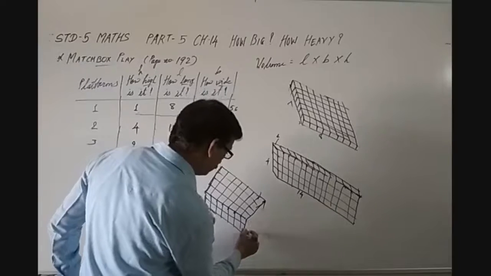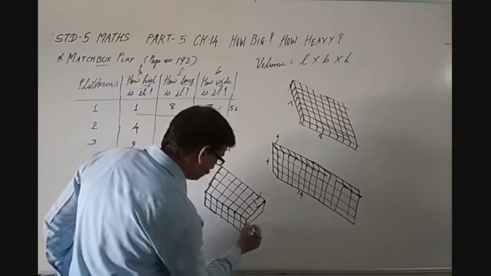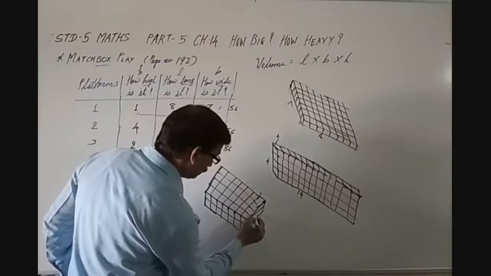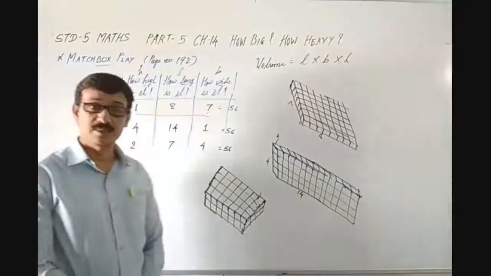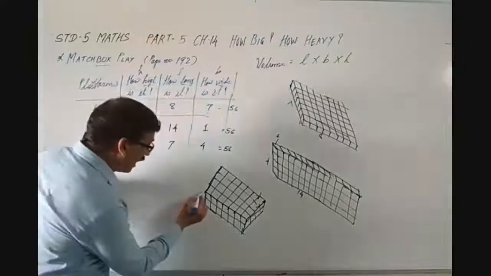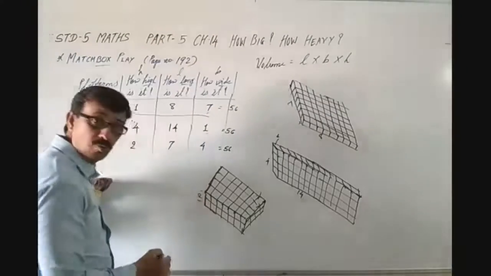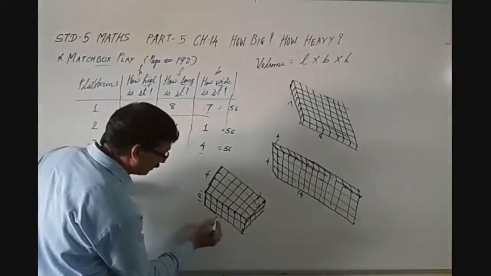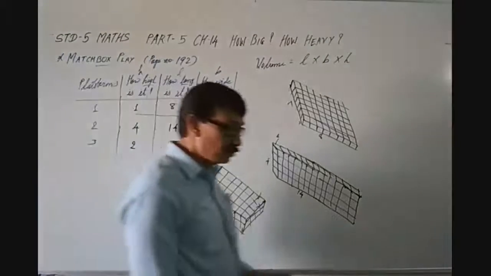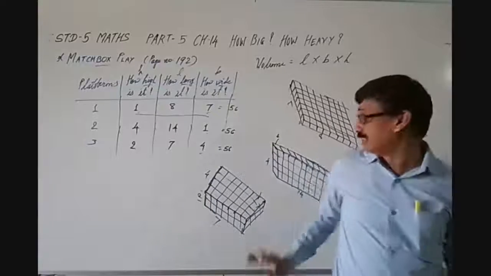So see, this is the height is 2, this is the breadth is 4, and this is the length is 7. So like that you should go for the drawing of this end.